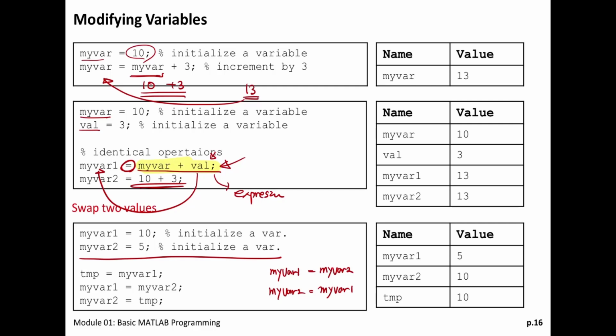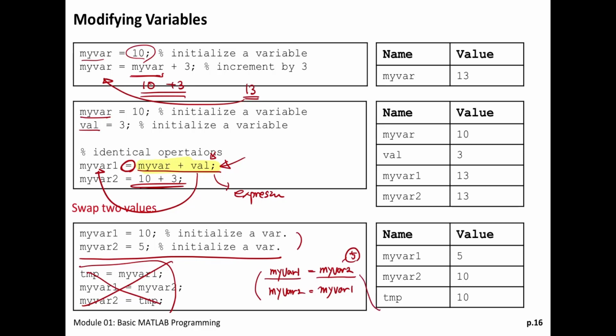If you run this, at this time, do not consider this a script. You define the two variables and then run this script. What happened? My variable 2 is a 5, right? 5 is assigned to my variable 1.